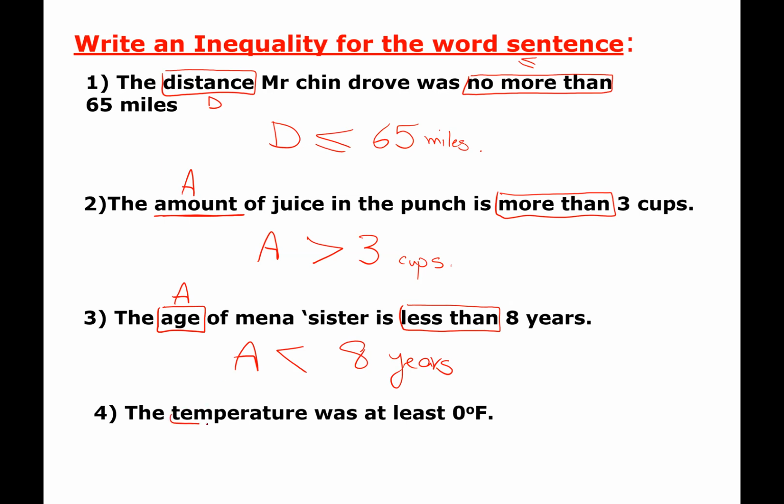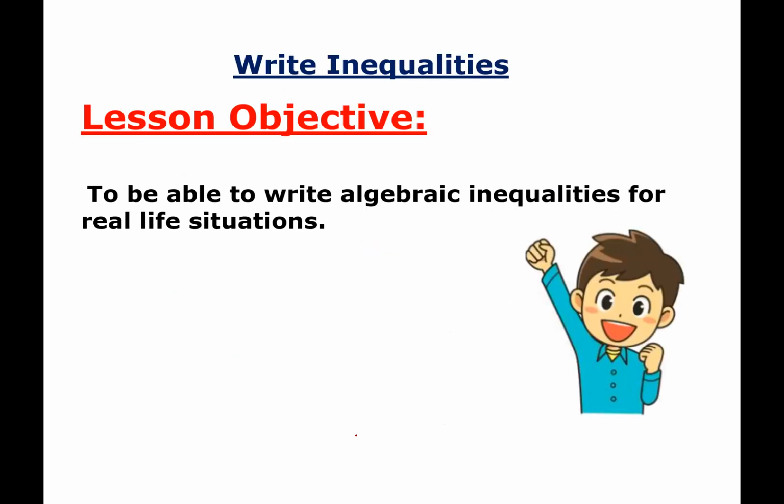So temperature is our variable, T. At least is our keyword, which means greater than or equal to. Therefore, T is greater than or equal to 0 Fahrenheit. I hope that these examples are clear. So we'll try to solve some real life situations on how to write an inequality and relate it to our life.